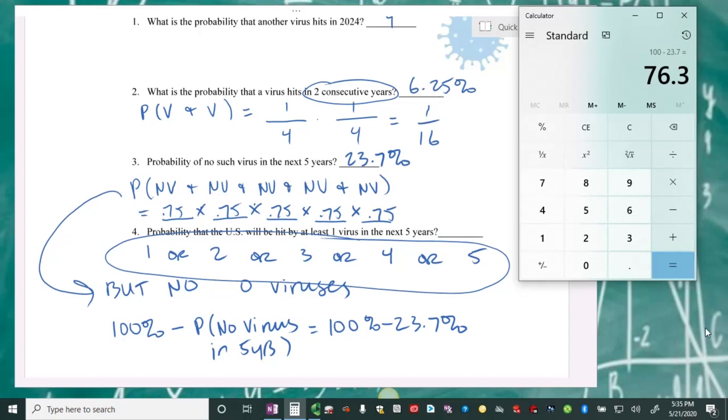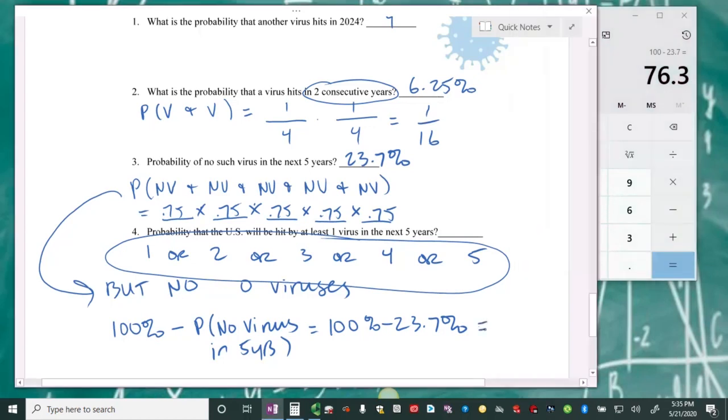And we end up with that probability of 76.3%. So when you get to one that says at least, you're going to take 100% and subtract the probability that you don't want. And in this case, it was the probability that we had no viruses during those 5 years.